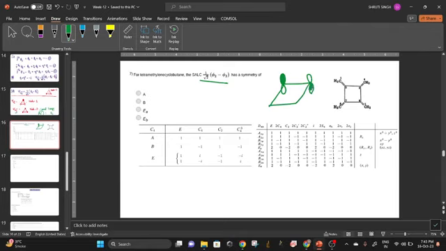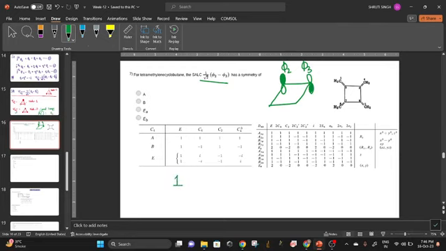So here the positive phase is downside. This is phi 2, this is phi 3. Now we can figure out the characters, how they will change, and then we can figure out the symmetry corresponding to those. Under identity, the character will be one only because nothing will change.